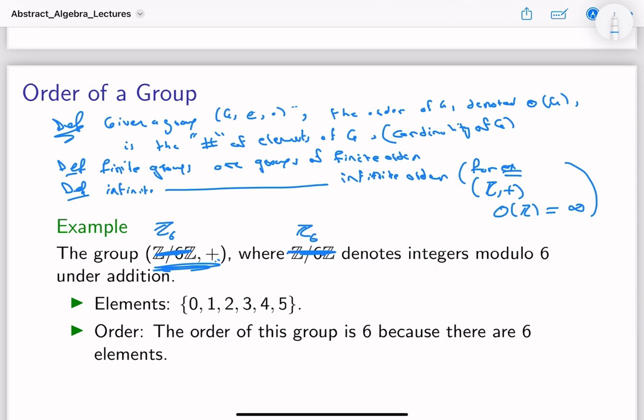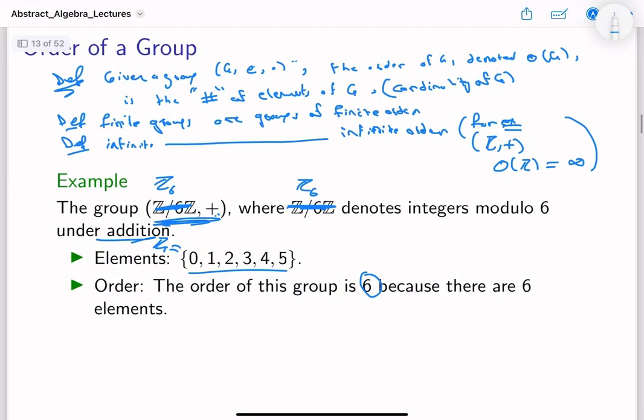The integers modulo 6 with addition is actually a group under addition. So Z6, it's the set of these elements, right? So the order of this group is 6, because how many elements does it have? Well, you count them. These are 6, right?